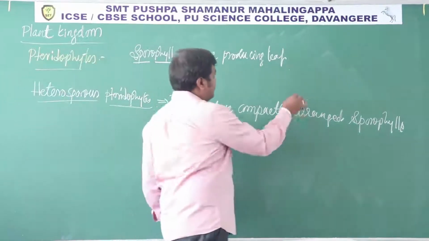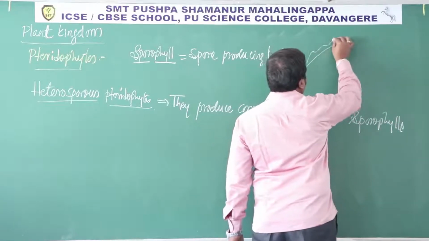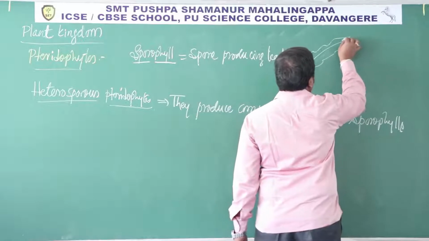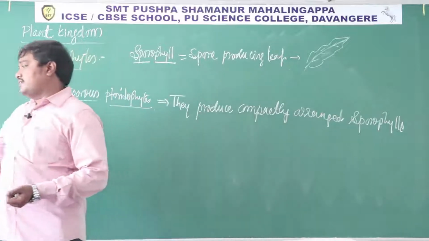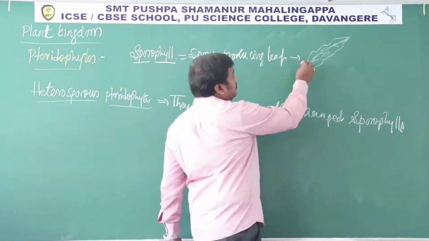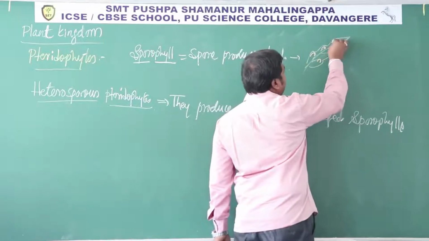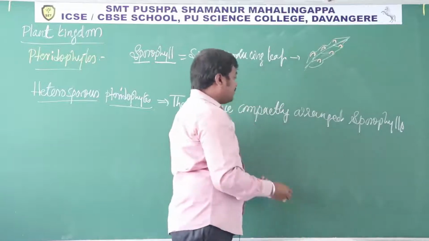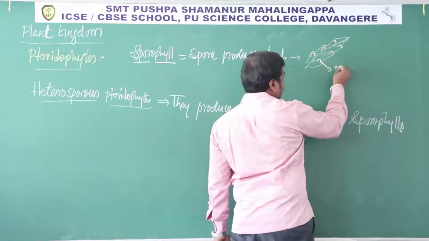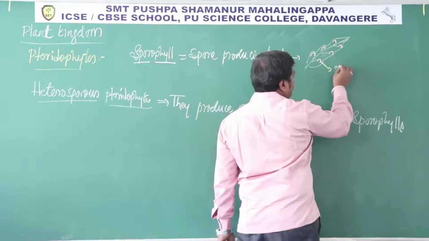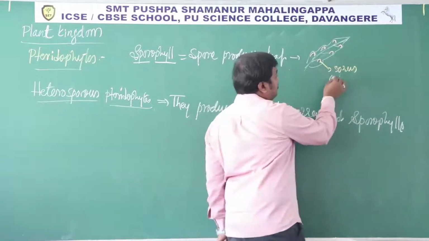How is the sporophyll? Just before, I wrote the structure of the leaf. If the pteridophyte leaf is like this, on this leaf you can find some structures below the leaf, under the leaf. This structure is a group of sporangia, called a sorus, consisting of many sporangia.